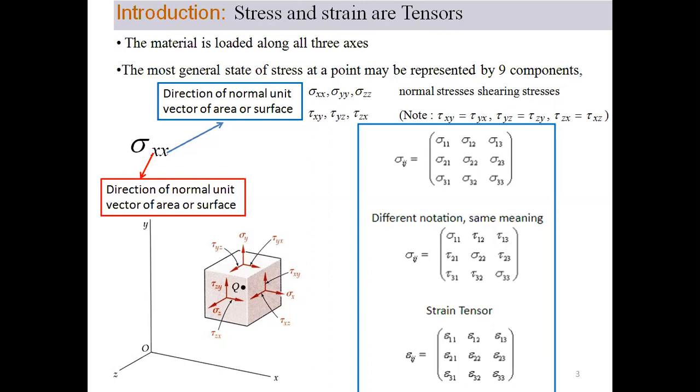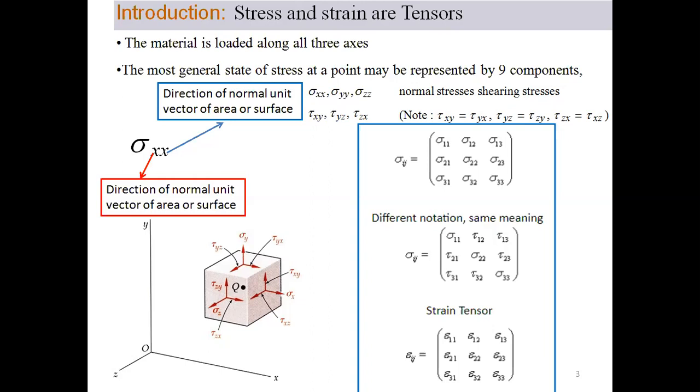So, number one, it depends upon loading. If you have uniaxial loading, then this matrix would be of a different shape. We would have 0-value components here. Similarly, in the case of biaxial stresses, when we have loading along two axes, then some components will be 0.